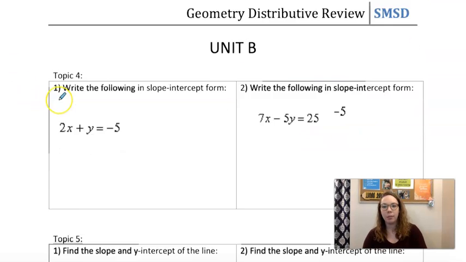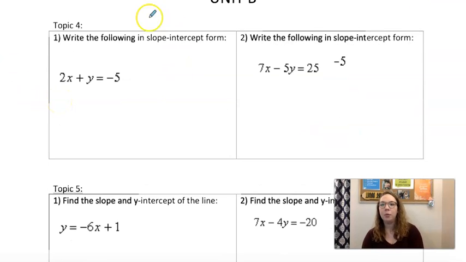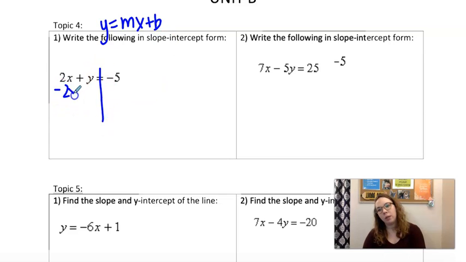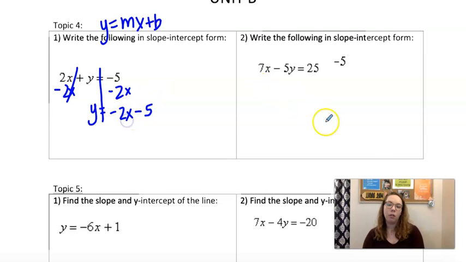Write the following in slope-intercept form. So we are already doing that really on the last page. We have y equals mx plus b is slope-intercept form. So for this one, I would subtract 2x from both sides. So we get y equals negative 2x minus 5. All right, on this one, we're going to ignore this minus 5 that's floating here.